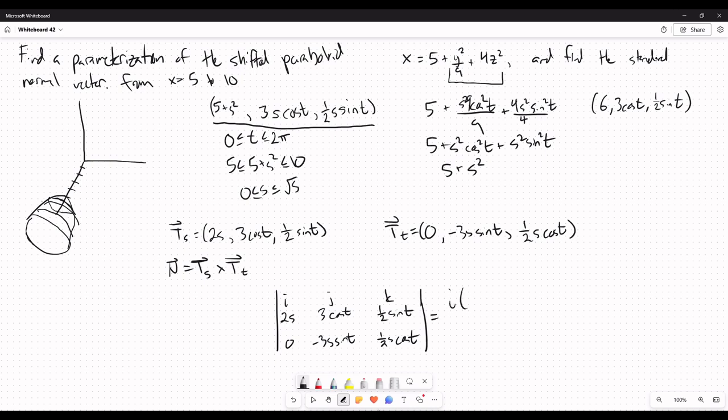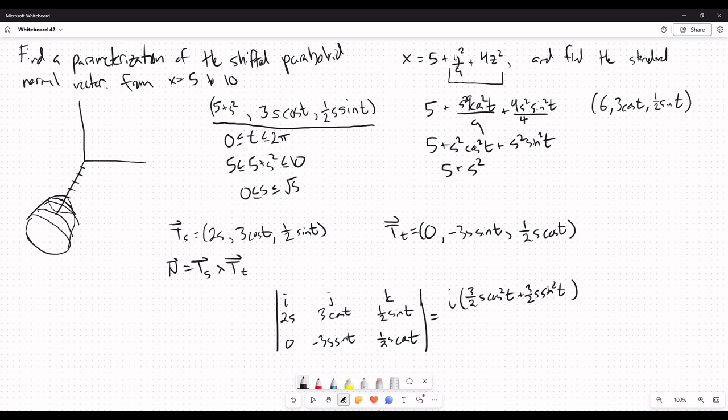In our i component, we'll have 3/2 s cosine squared of t minus 2s times 1/2 s cosine of t. So that's just going to be s squared cosine of t. Oh, never mind. I thought that looked wrong. Let's try that again. That was the j part going the other way. So the i part, yes, 3/2 s cosine squared of t, and then plus 3/2 s sine squared of t.